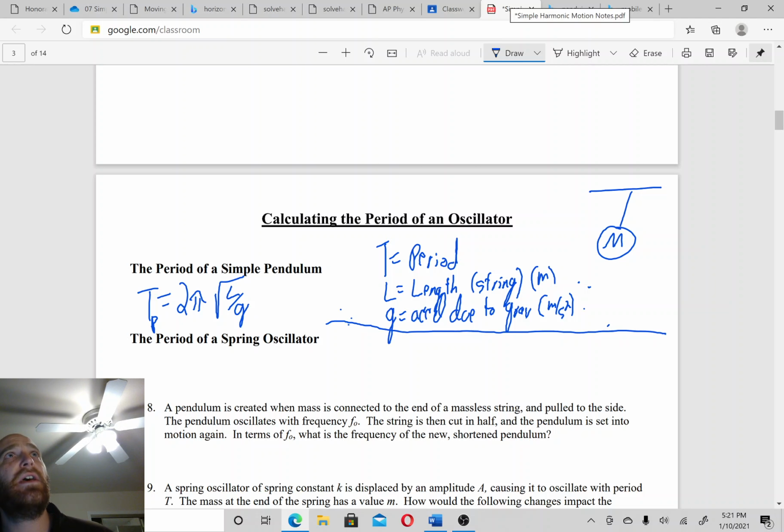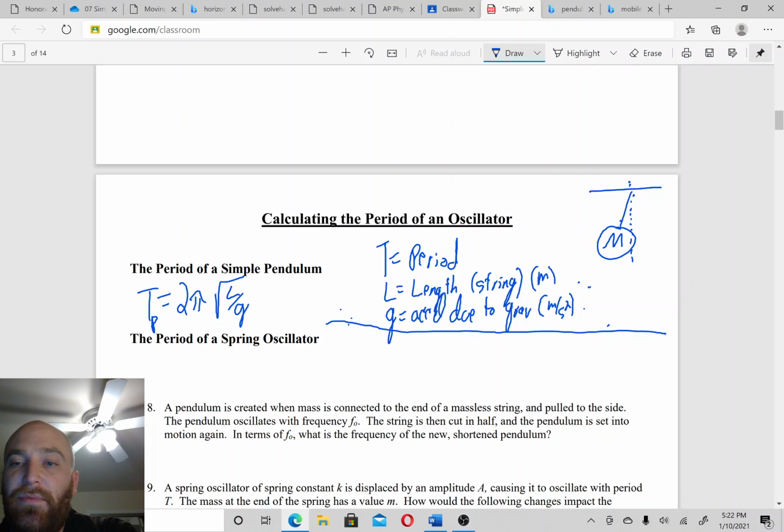Which kind of makes sense because we learned that, if you think of a pendulum as gravity causing it to accelerate, think of this as an application of free fall. We learned that mass does not affect the rate at which objects fall, so that kind of makes sense. Also interesting, the amplitude does not matter. So this angle in here is the amplitude of oscillations, how far to the side the string goes.